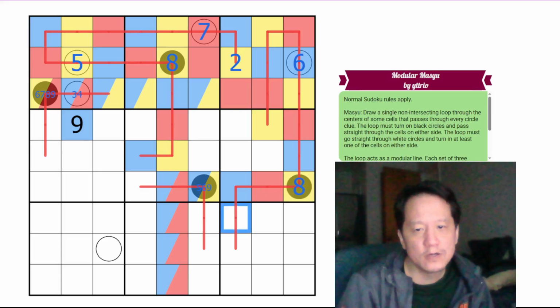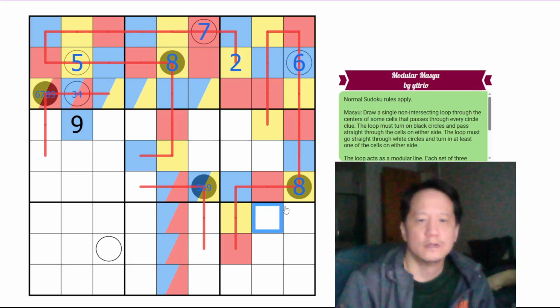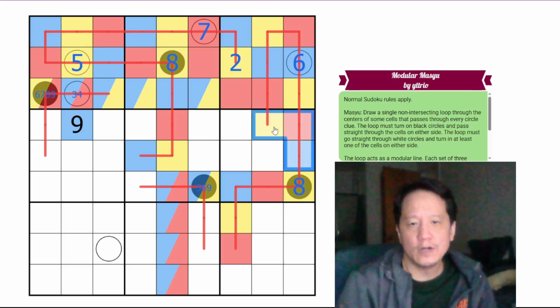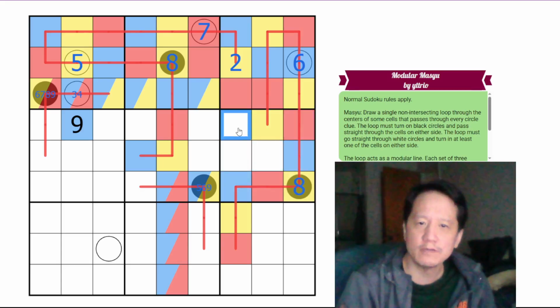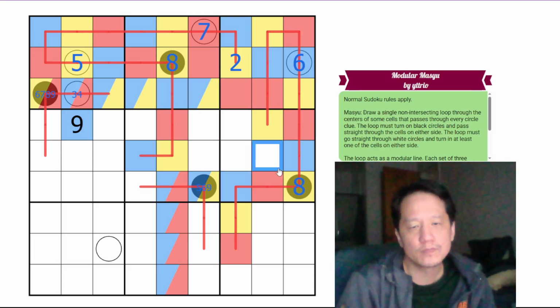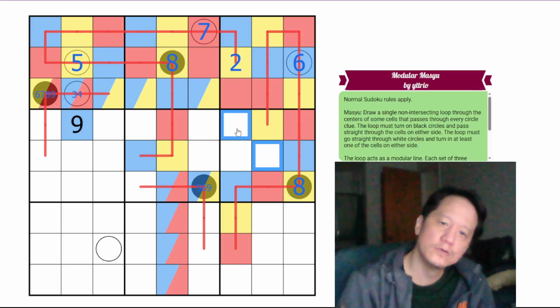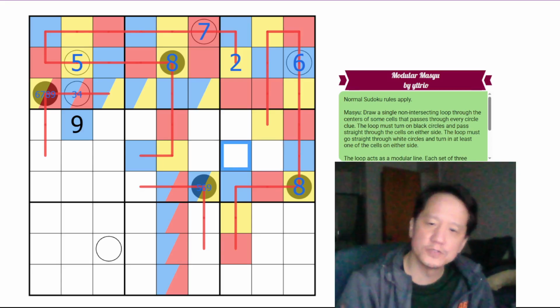So we have yellow, therefore this is yellow, red. We need blue and red here. Blue has to be one of these two. So this is red or yellow.